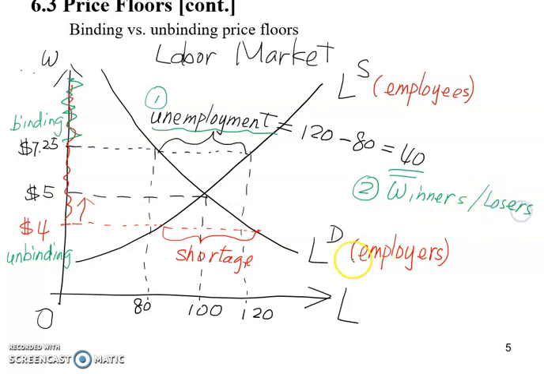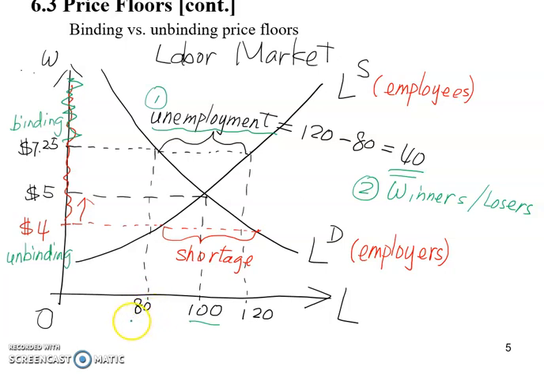Again, let's use the numbers we created here. Without the minimum wage, the market can provide 100 jobs, or 100 hours of jobs, loosely speaking. With the minimum wage of $7.25, because labor becomes more expensive, firms decide to lay off people and use other technologies and machineries.